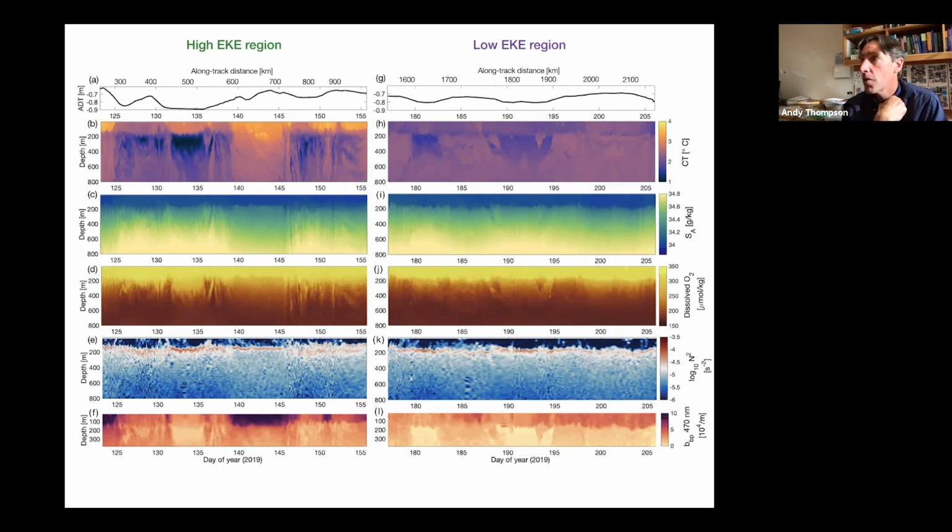Because south of the polar front, there was much more outgassing of CO2 than previous estimates had suggested, and by a lot, right?